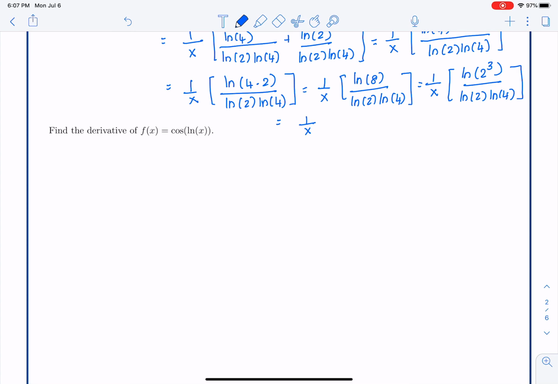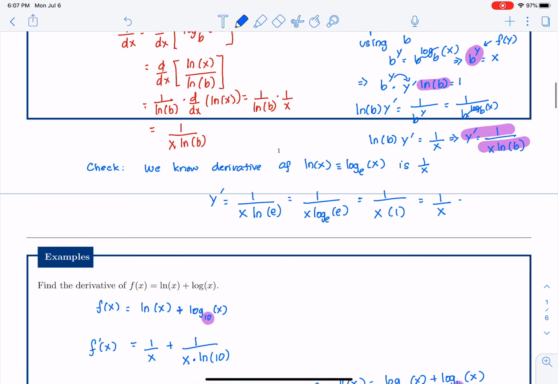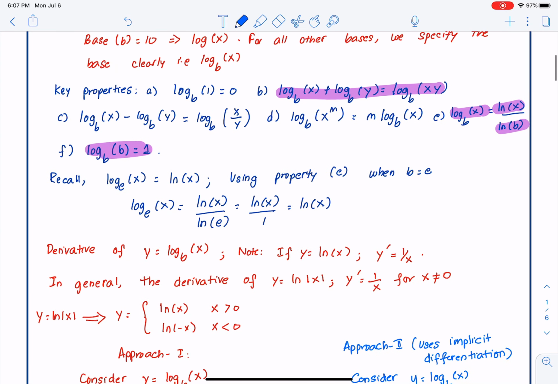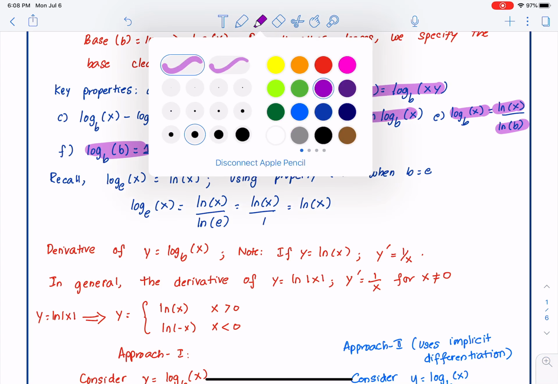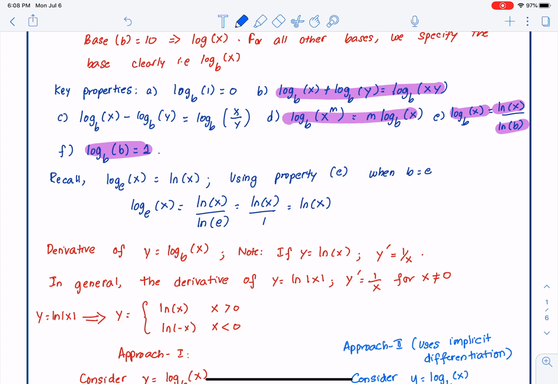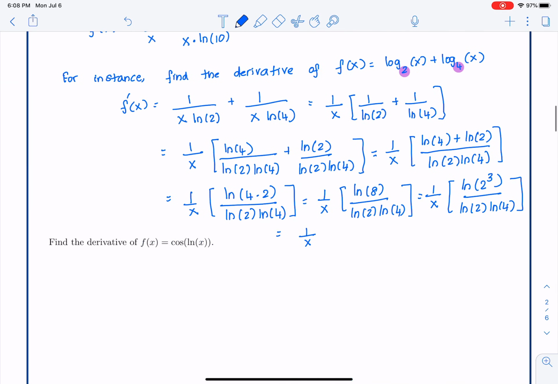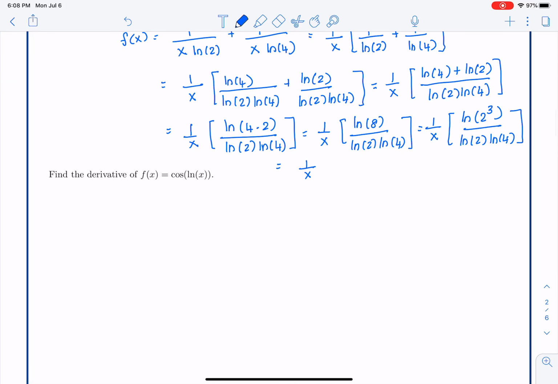Bring the 3 to the front, so I'm going to use property D now. So 3 is going to come to the front. The ln of 2's will get cancelled.